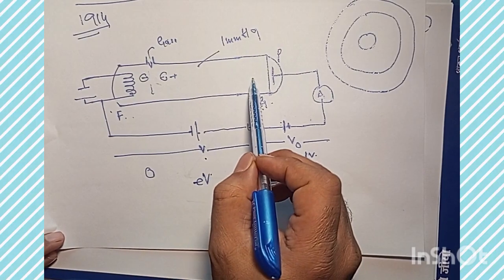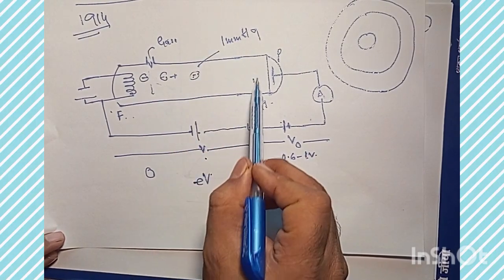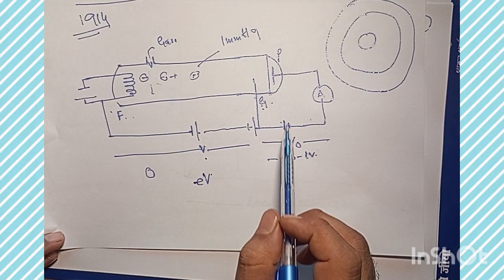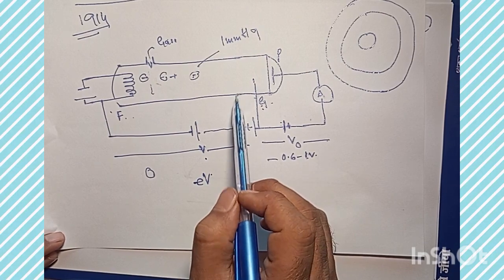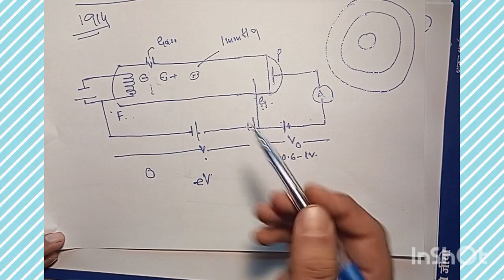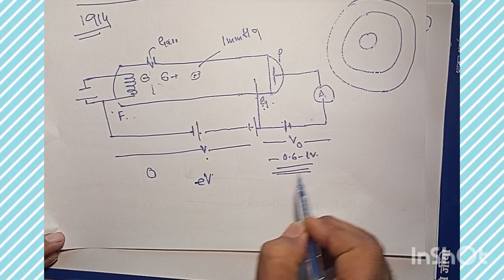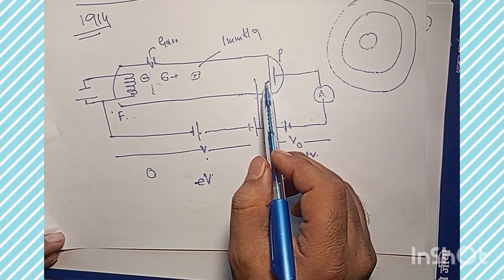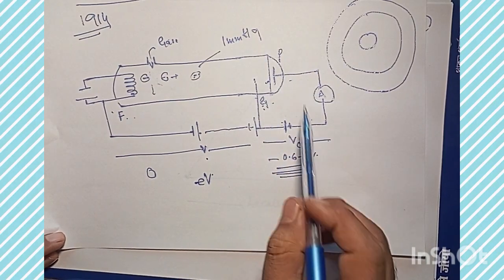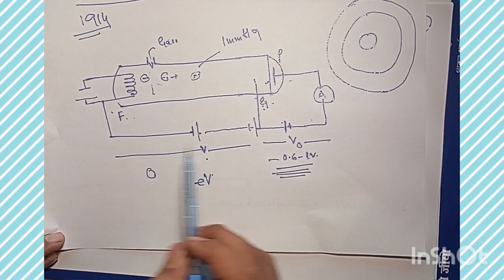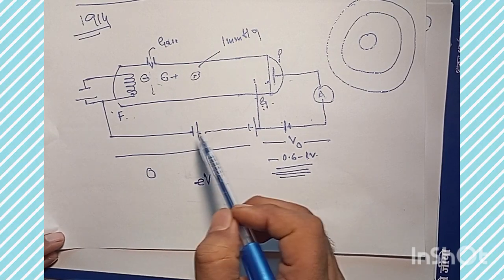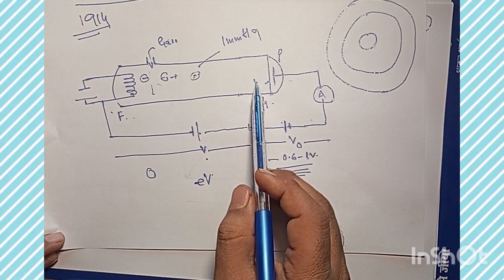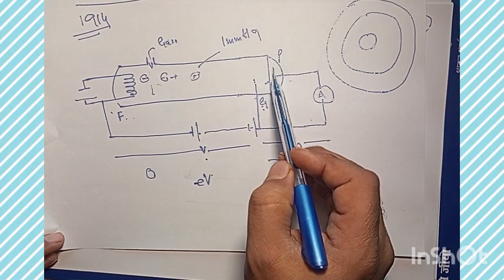On reaching this grid, those electrons whose energy is greater than eV naught will be able to reach P, and only then is the current obtained. As this accelerating voltage is increased, more and more electrons arrive at the plate, and the current rises.